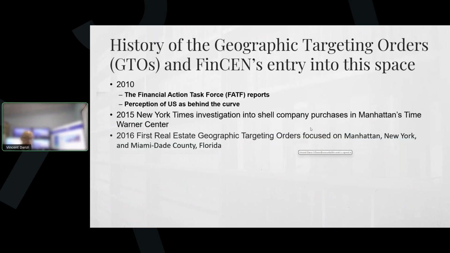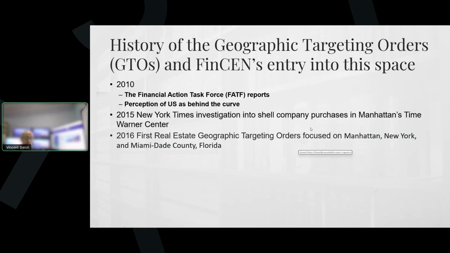Banks, credit unions are both types of entities that have to conduct customer due diligence. They have to implement anti-money laundering programs and suspicious activity reporting, and they have to get to know their customers. And they're actually subject to the full panoply of anti-money laundering regulation that FinCEN puts out.